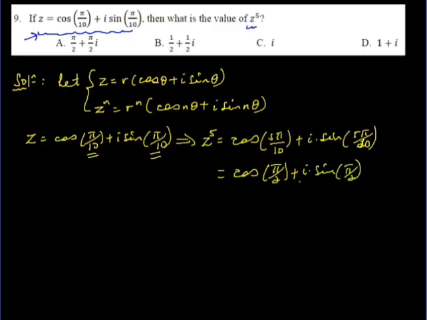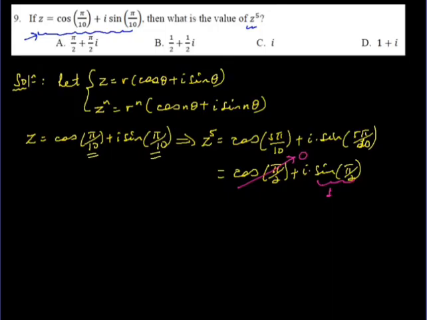But you need to know the cosine and sine of some standard angles. Cosine of pi over 2 means cosine of 90 degrees. Cos 90 degrees is 0, and sine 90 degrees is 1.